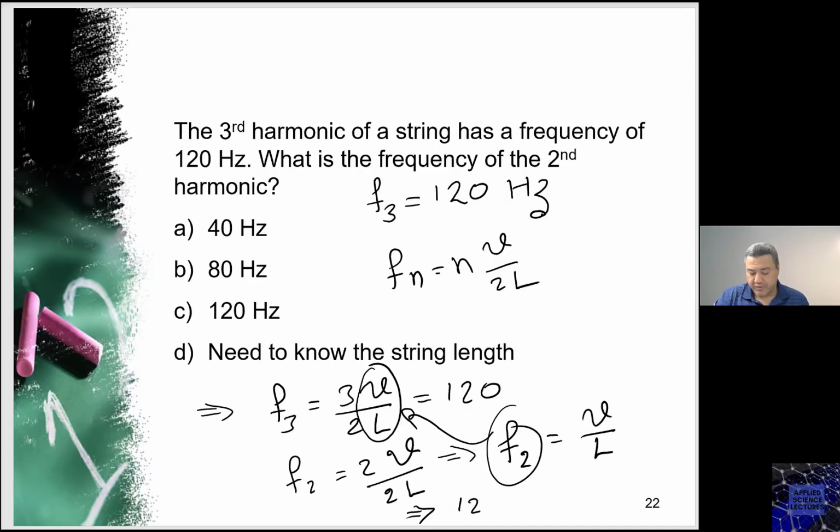I get 120 equals 3 over 2 times F2, which means that F2 is 120 times 2 divided by 3, which is 80 hertz. So the answer is B.